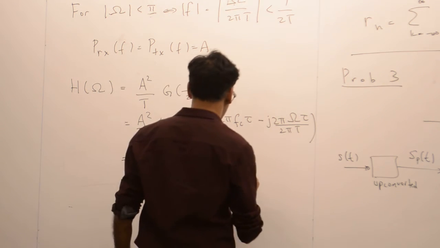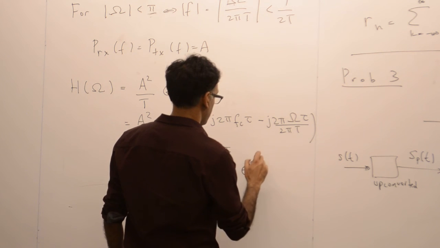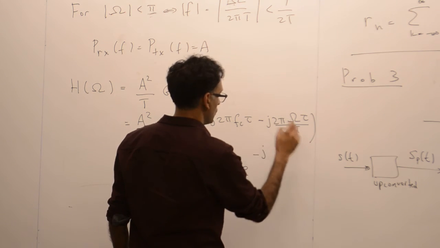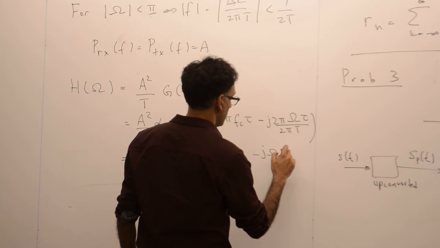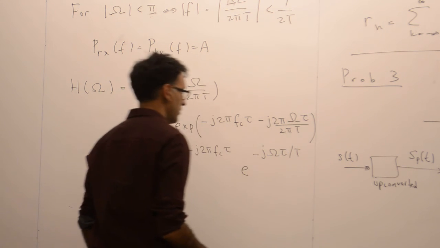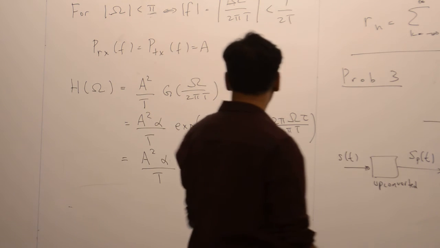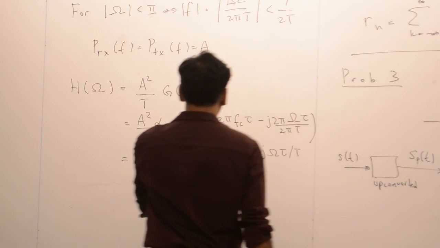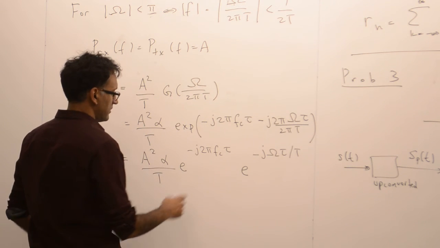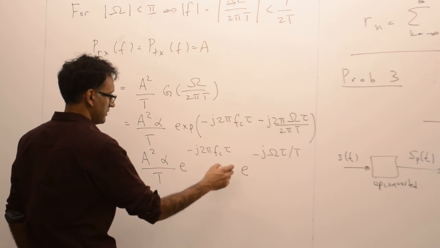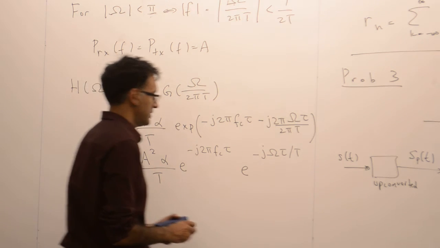The 2 pi's cancel out, like this. Note that this all doesn't depend on omega.